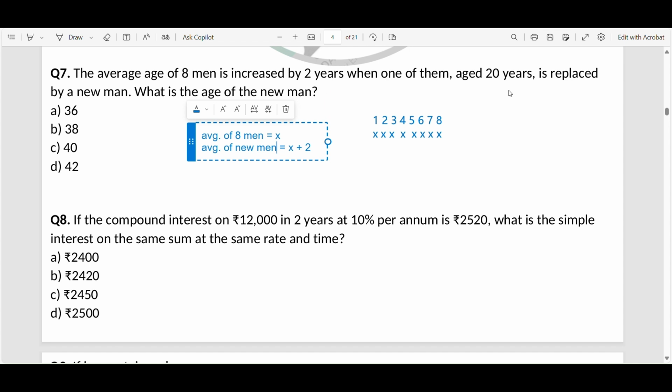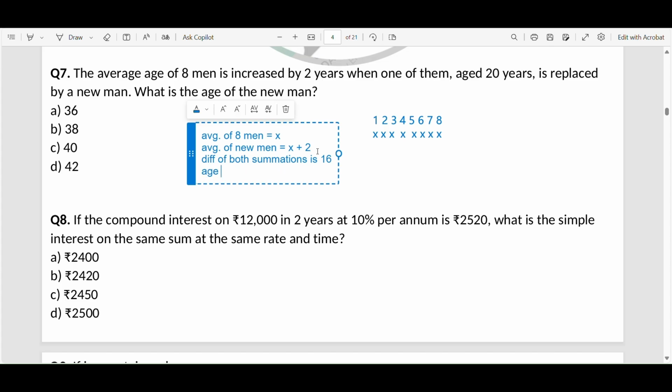So the difference of both summations is 16, right?